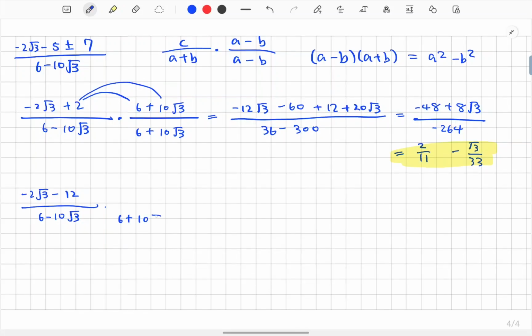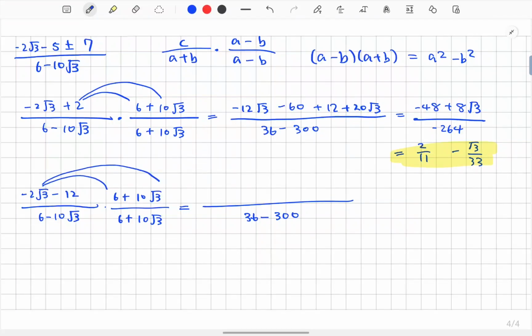We'll change the sign of the denominator and multiply it with both the numerator and denominator. Now we need to distribute. Our denominator will be the same as our solution above.